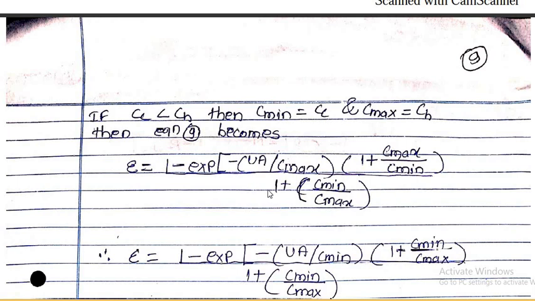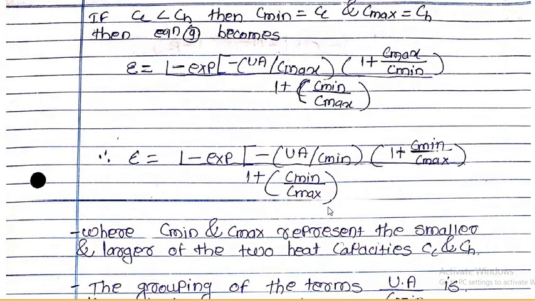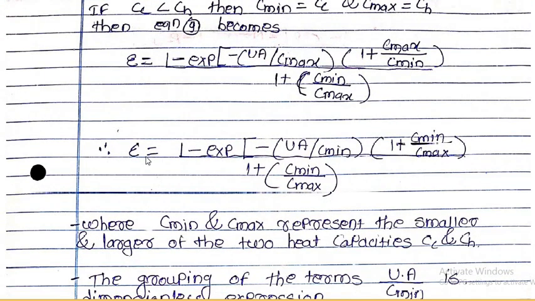If you multiply inside the bracket, then it will be once again 1 plus C minimum divided by C max in the denominator. So the exponential effectiveness, once again we will get the same equation.